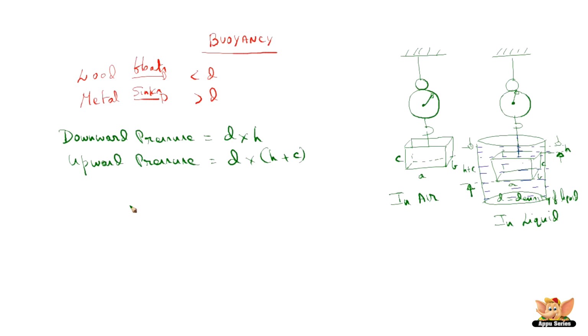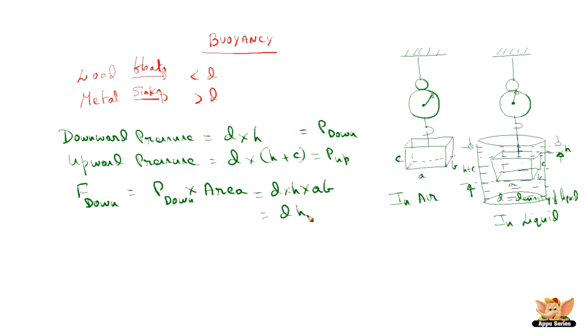Having known pressure, we know how to calculate force, because pressure into area is force. So, if you take D into H as P down and D into H plus C as P up, we get F down as D into H into area. The area on which it acts is AB because it's a rectangle, length A and breadth B. So, it becomes DHAB.